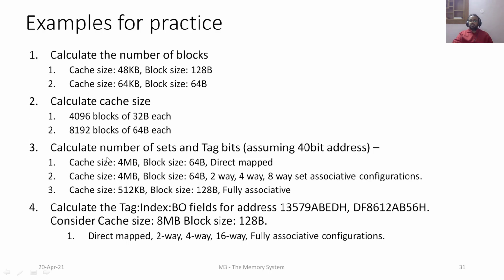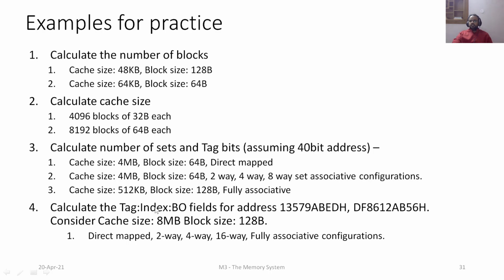The third question is, for a given cache size, block size, and the type of the cache, whether it is direct mapped or fully associative or some set associative configuration, find out the number of bits for set or index and the tag. You can assume a 40-bit address and you can work it out.